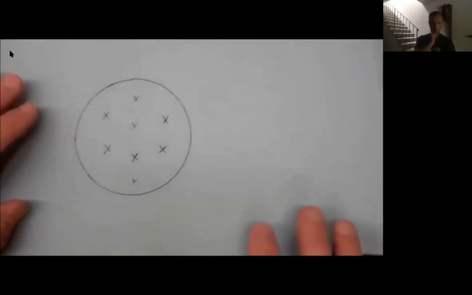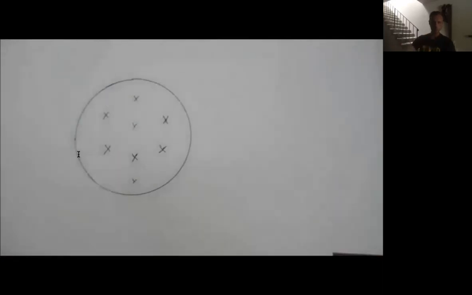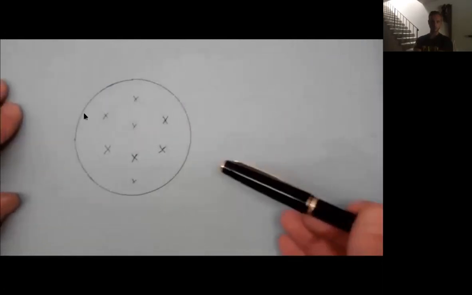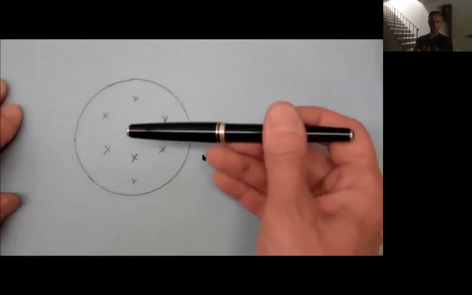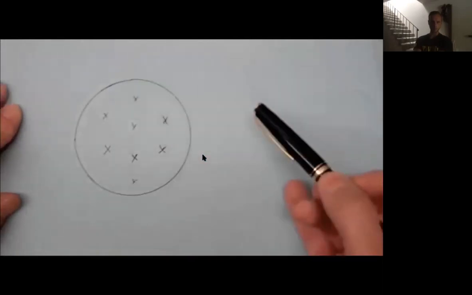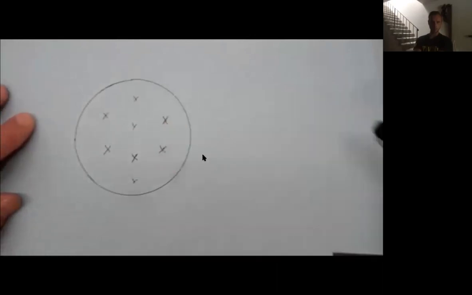Let's see if I can further clarify the eddy currents that will start to occur and the resulting magnetic field due to those eddy currents. Let's say we're sitting in that gap between those 2 magnetic poles, and we're looking from the north to the south pole. This circle signifies the area of one of the poles, and these X's signify that the magnetic flux density is into the page.